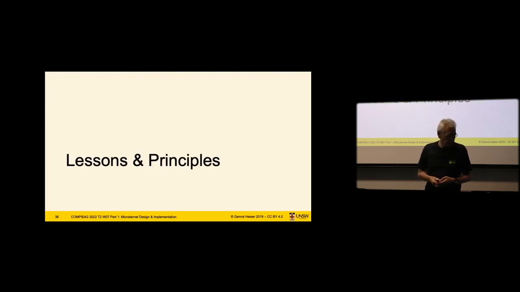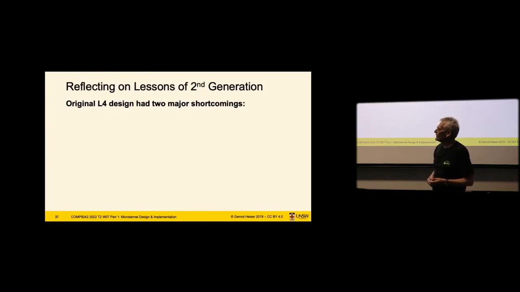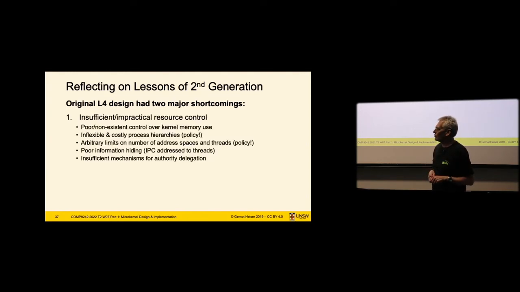Okay, so stepping back, what have we learned over the years? The original L4 kernel that really defined the second generation of microkernels had what I classify as two major shortcomings. The one is that resource control was really underdeveloped. We saw that in several ways. We saw that in terms of accounting for time.